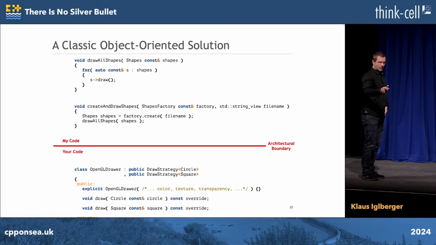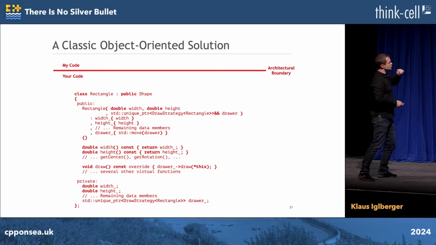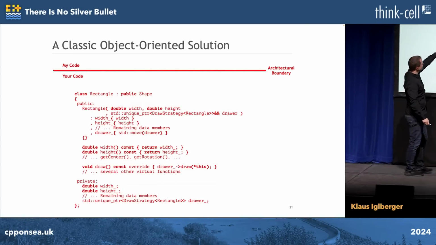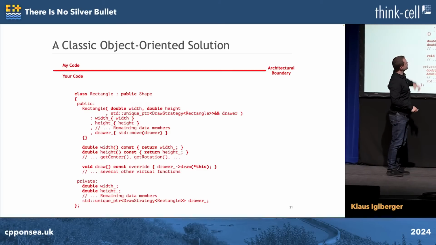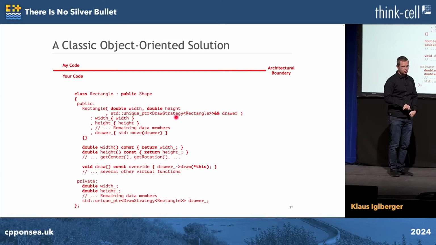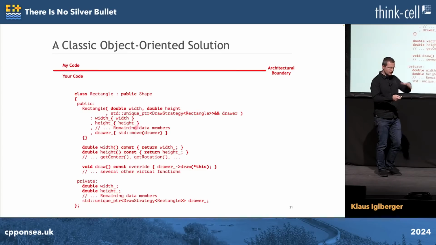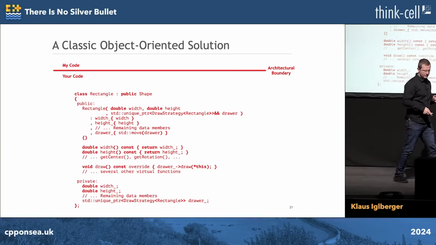And now you controlling details, you are able to add new stuff. So for instance, a rectangle, which would just implement similar to all the other shape types, but a rectangle has a width and a height, but it would most certainly also get a draw strategy for rectangles. And the rest is pretty much the same, although it's quite some code.